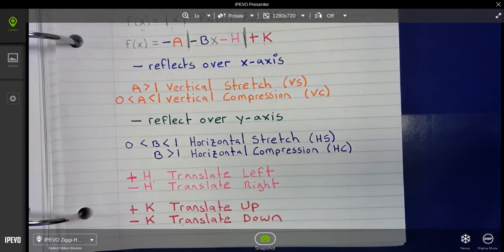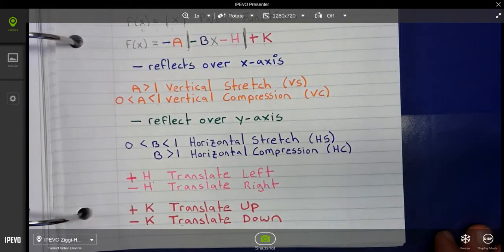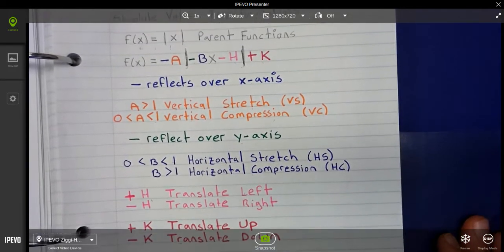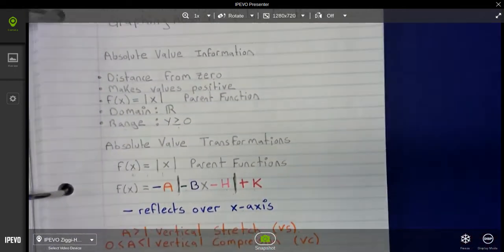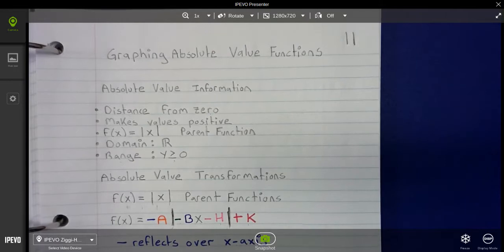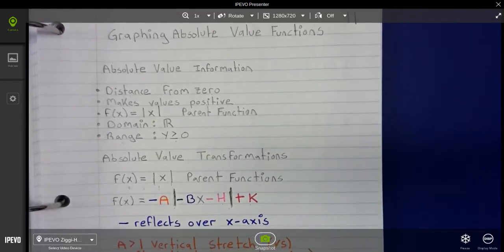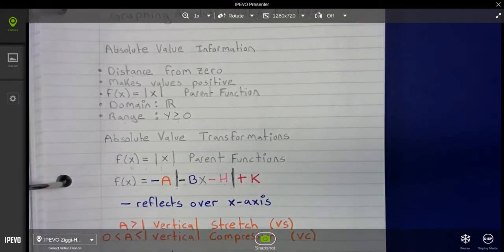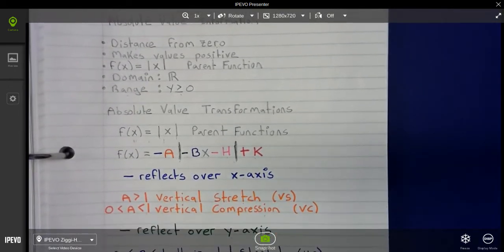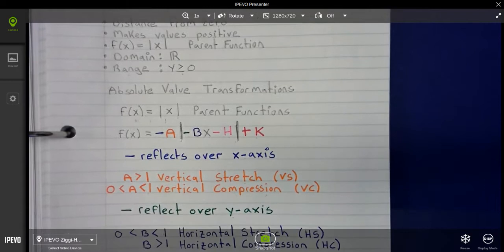I know in some of the videos that sometimes things cut off, so I'm just going to slide the notes back up and down real quick just to make sure you get them, and then we'll move forward. And obviously, you can pause the video at any time to update.